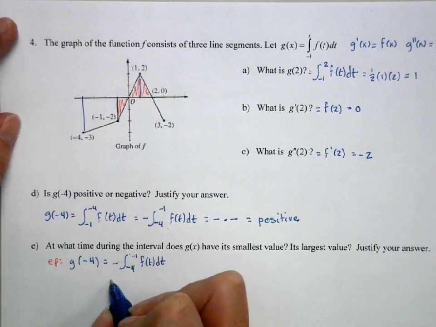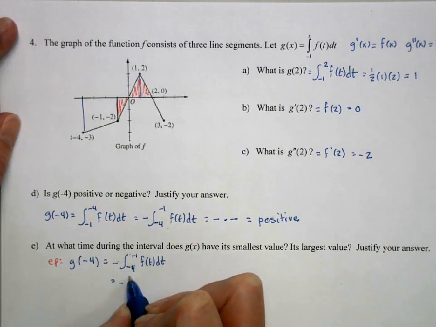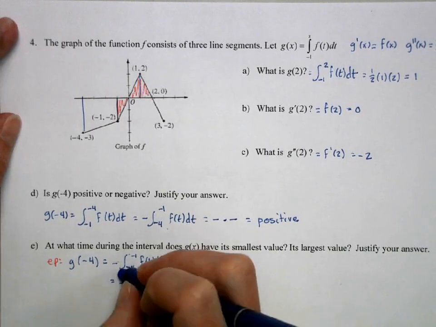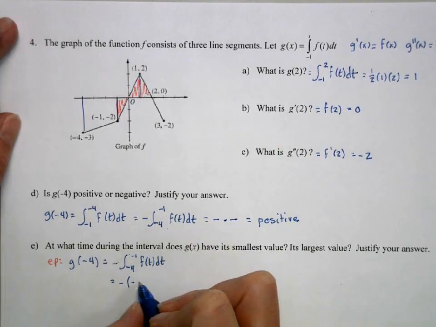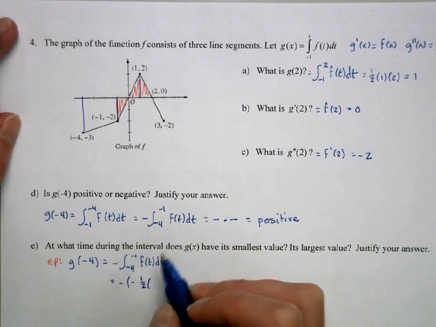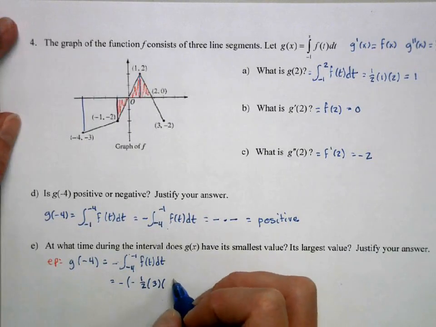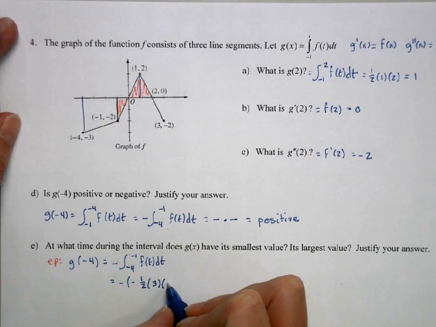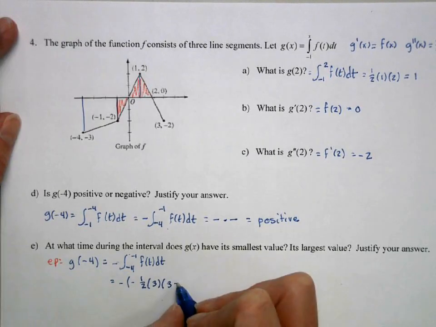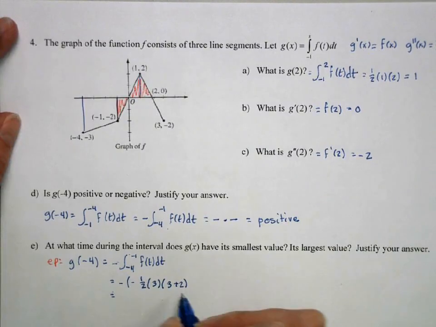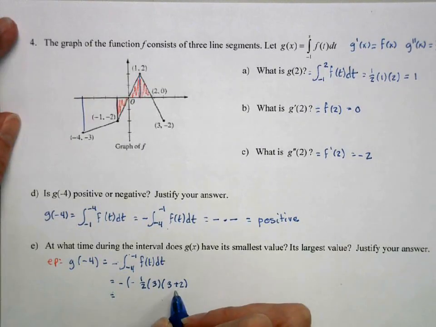But so 1/2, the distance between the bases is 3. The 2 bases are 3 and 2. So this gives me a positive 15 divided by 2, which is 7.5.